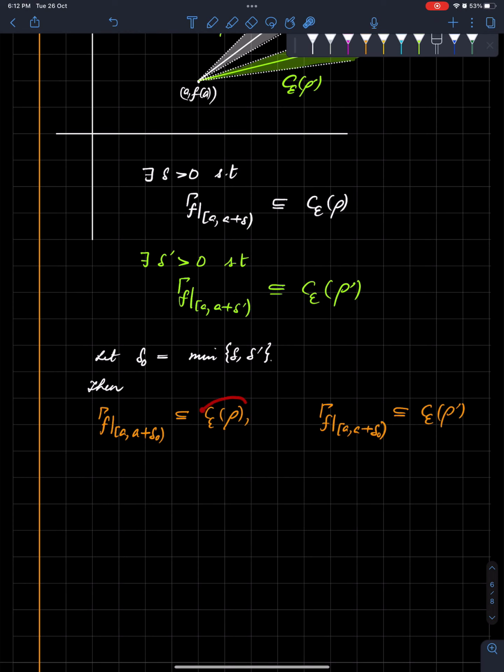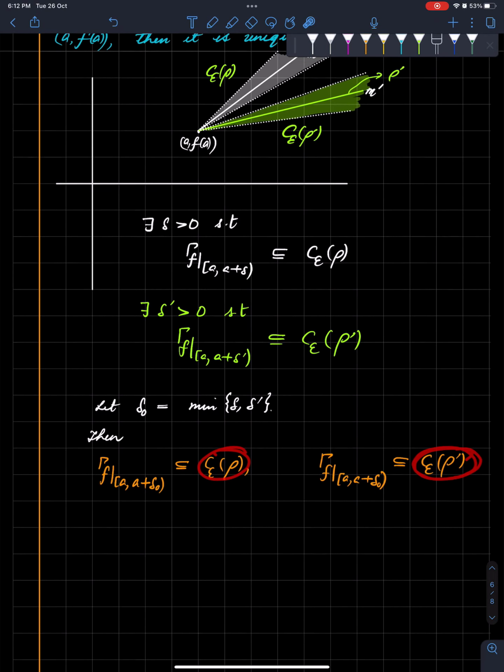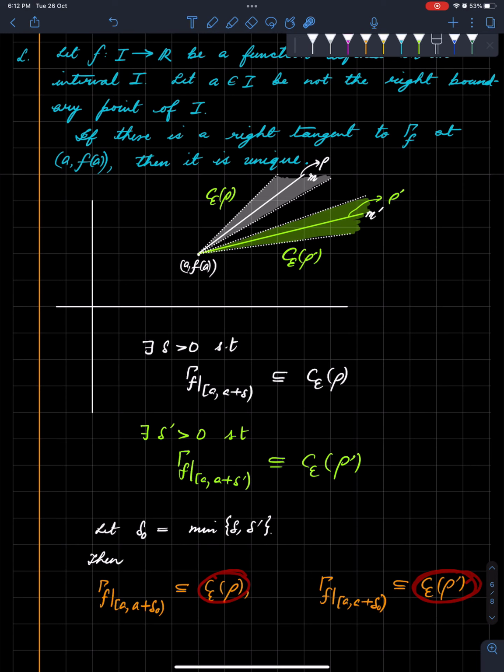But these two things are disjoint. Or rather, I shouldn't say disjoint, they meet at only one point. This is the only point in common.